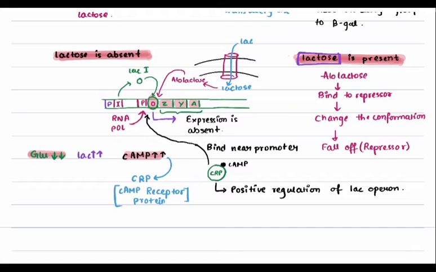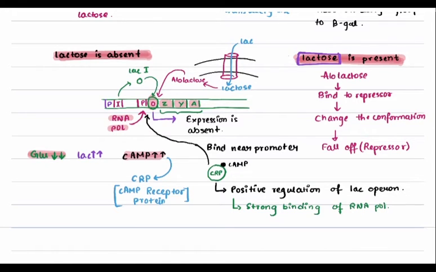Once they're binding near the promoter of the lac operon, binding of cyclic AMP CRP will facilitate more strong binding of RNA polymerase. So binding near the promoter, the cyclic AMP CRP causes strong binding of RNA polymerase.